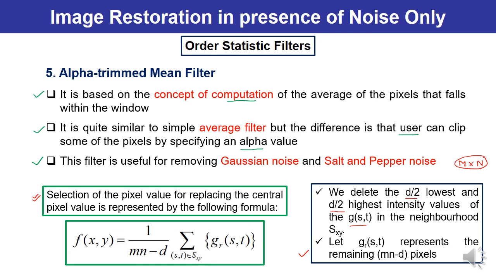So the term 1 upon mn minus d is used to average the sum of all the pixels in that particular window. I hope this formula is now clear to you, and you must remember that it is very useful for removing Gaussian and salt and pepper kind of noise.